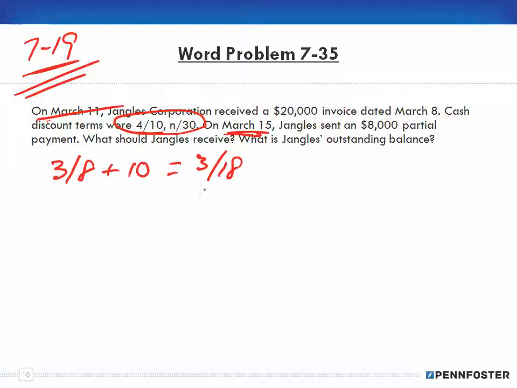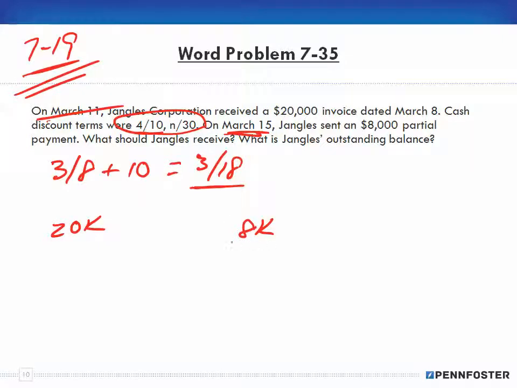They're paying on March 15th, which is within the discount period, so they're able to get the discount. Now, the invoice is for 20,000, but because Jangles is only going to pay 8,000 as a partial payment, their account is going to be credited the 8,000, but it needs to be credited an additional 4% of something, because they are paying within that discount period.